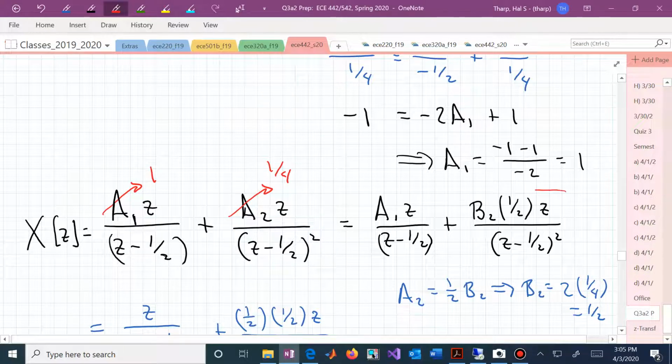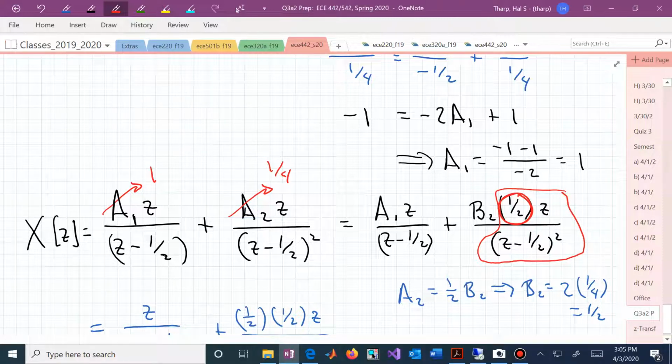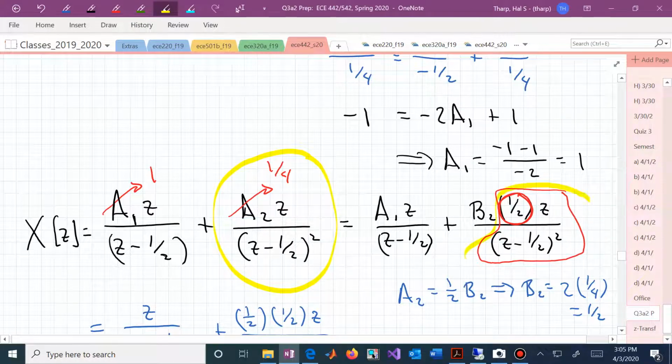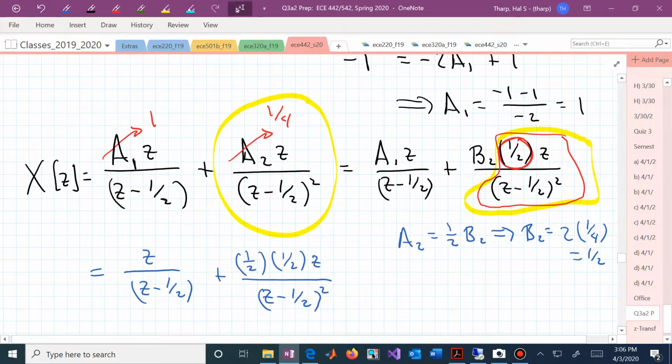What is in the table is your root times z over z minus 1/2 squared. Meaning you need to force this term to look more like what your table would provide. So we want to rewrite a2 in terms of b2 times the pole location, which in this case is 1/2. If a2 is equal to 1/2 b2, then b2 is 2 times a2, and a2 is 1/4, so b2 is 1/2.